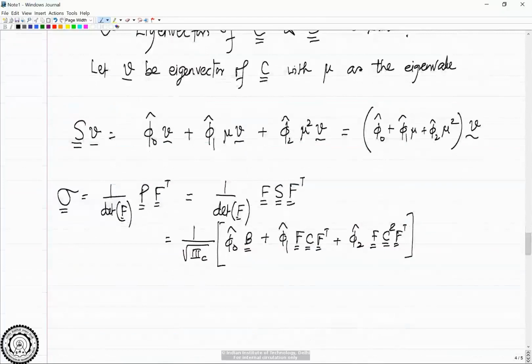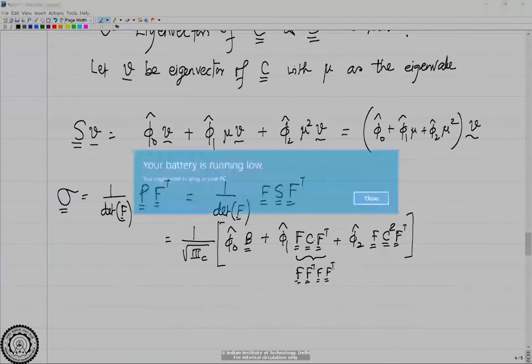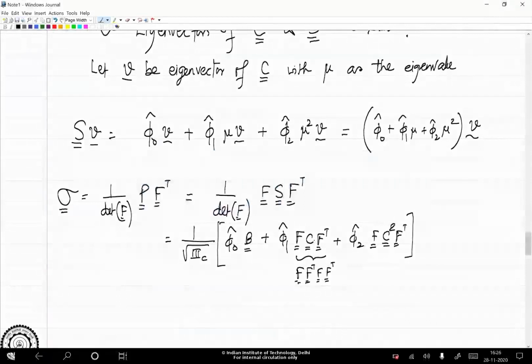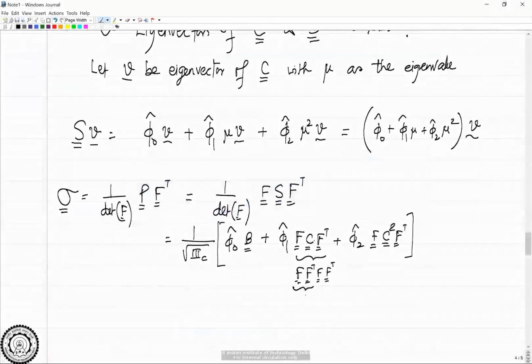Now C is F transpose F, right? So this thing is then F F transpose into F F transpose. And do you recall what is FF transpose? FF transpose is B, the left Cauchy-Green tensor.